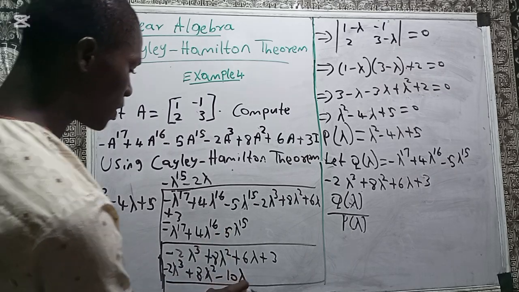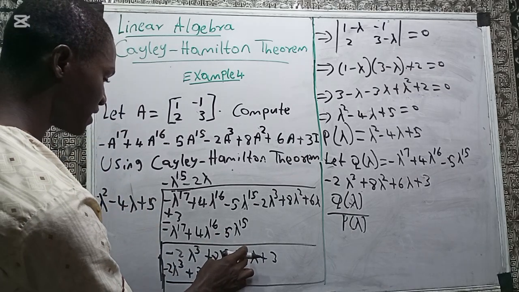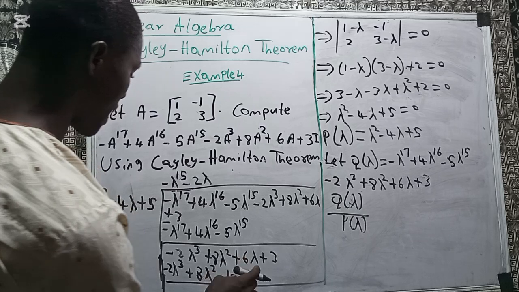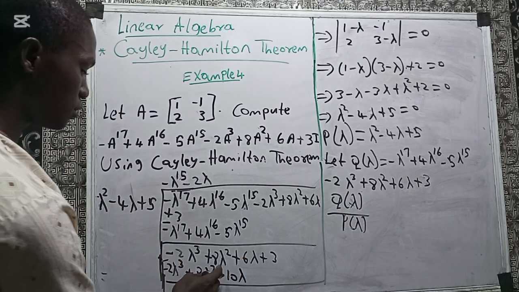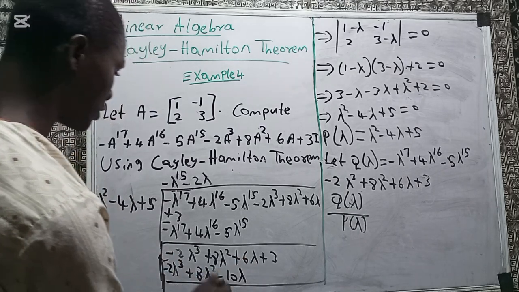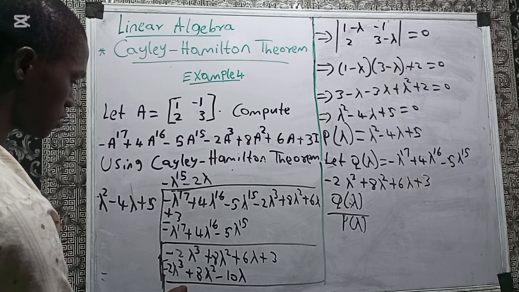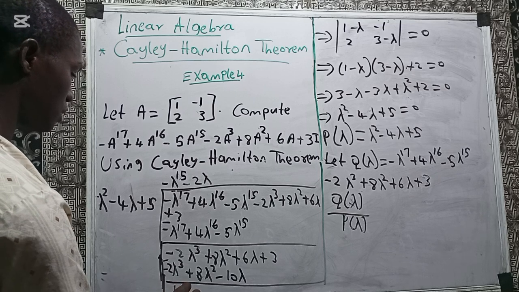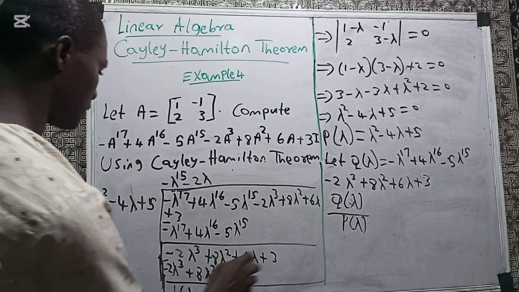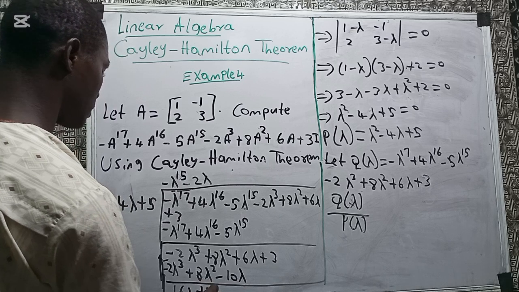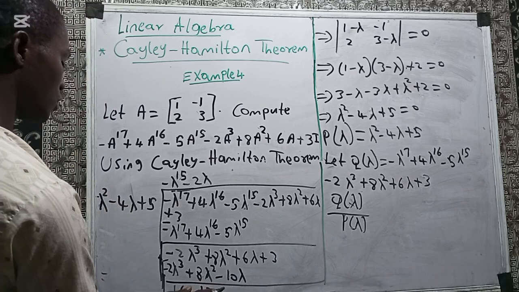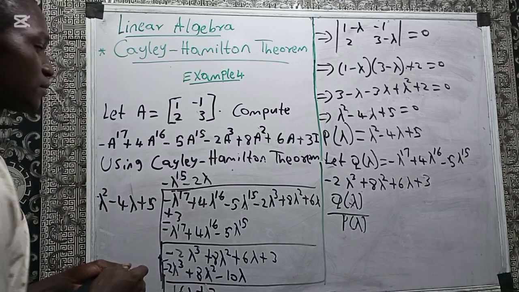Subtract this, you get 0. Then 6 lambda minus 10 lambda, you are going to get negative 4 lambda, then plus 3. So this is what you are going to get: 16 lambda plus 3.